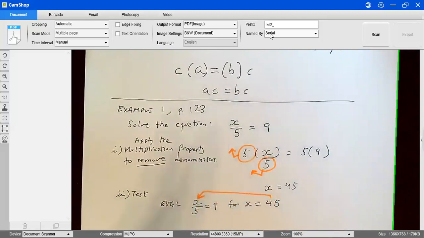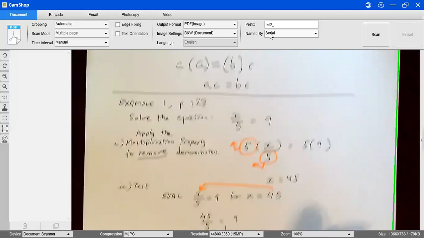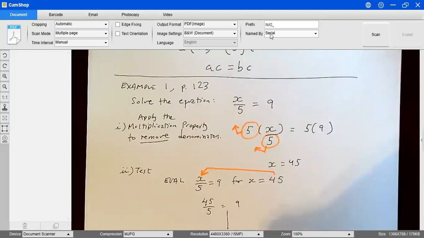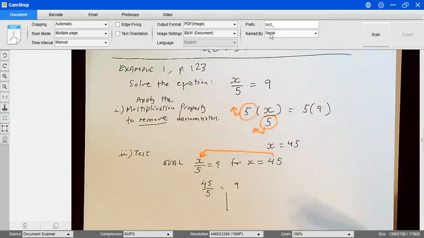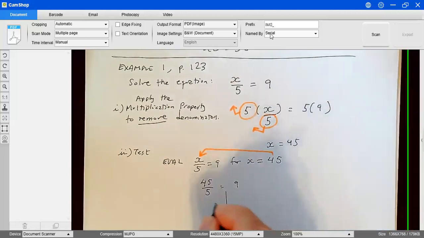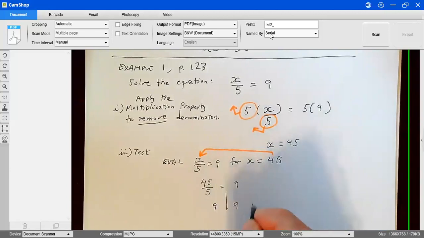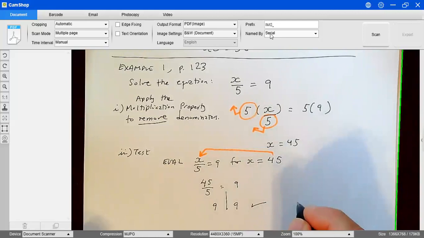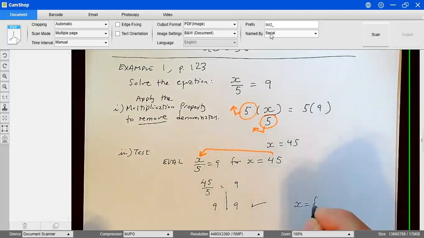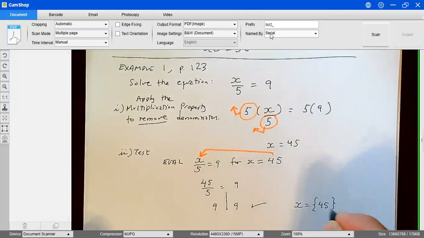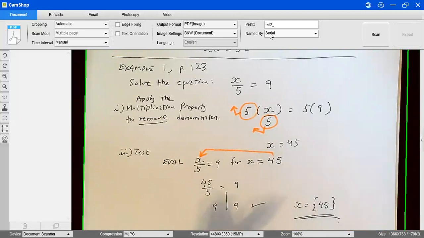So you replace x with 45 over 5, and this is equal to 9. We work the left-hand side and the right-hand side independently. So 45 over 5 is going to be 9. 9 and 9, are these equal? Yeah, that's true. So that means that x equals 45 is the solution for this equation.